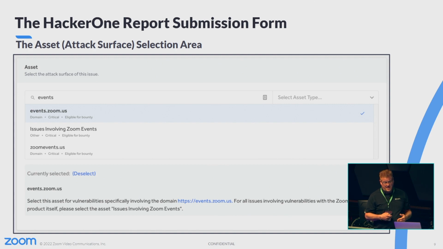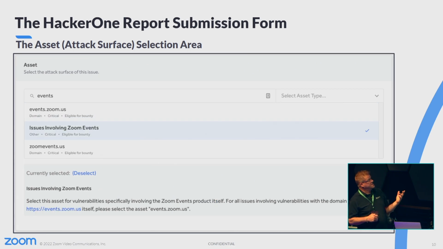Maybe it's open ports that have something exposed, or maybe it's not using SSL correctly or something. Versus selecting issues involving Zoom events, in which the guidance is select this asset for vulnerabilities specifically involved with that product. So why am I doing all this?